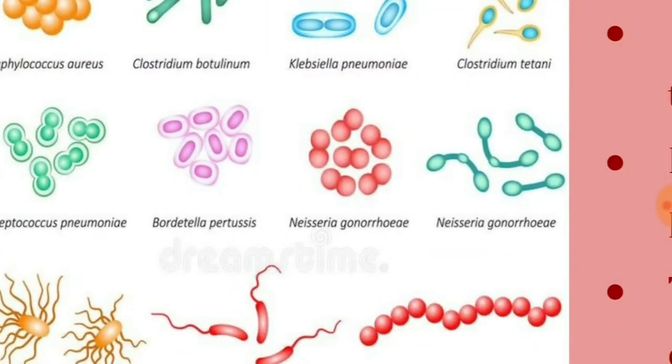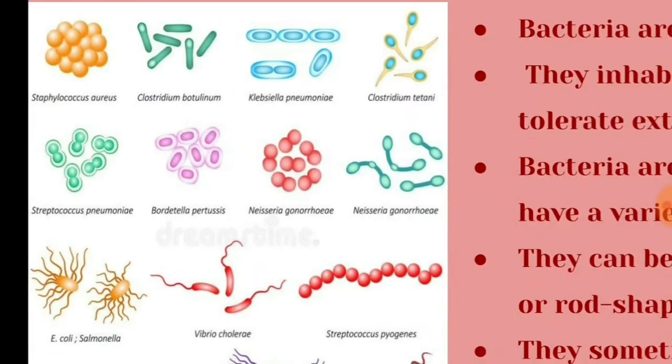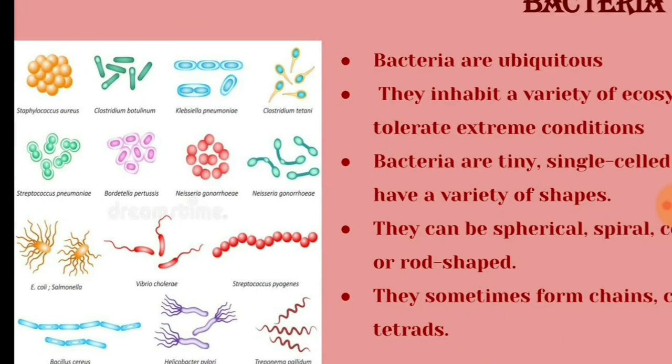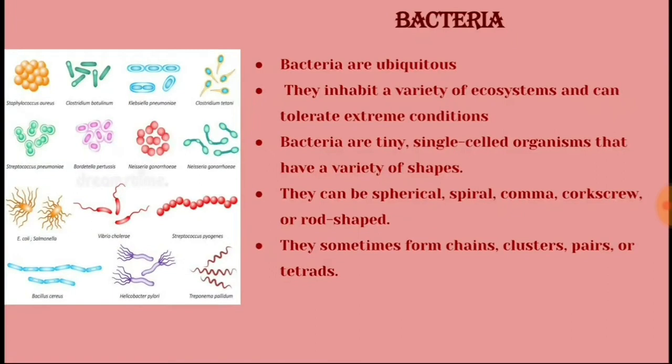You can see Staphylococcus aureus, Clostridium butylii, which is rod shaped, Klebsiella, also rod shaped, Clostridium tetani, then Streptococci, which is spherical, then a rod shaped Bordetella, then Neisseria gonorrhea, which is also spherical, then E. coli, Vibrio cholerae, also rod shaped, Streptococci, Bacillus, then Helicobacter pylori, and Treponema pallidum. These are the different bacteria that I have put into an image.